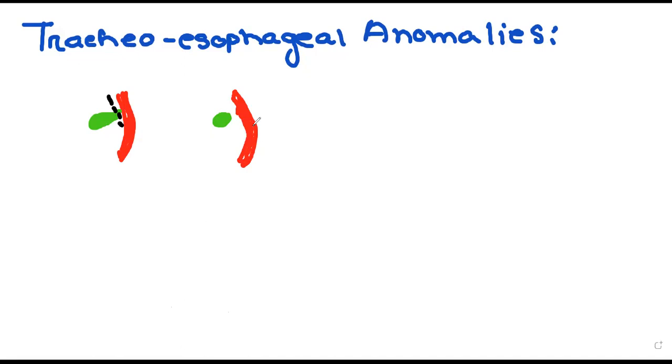And this is the occurrence of normal tracheoesophageal septum. And if this occurs normally, it gives rise to a normally positioned trachea and a normally positioned esophagus. So here we draw the normal. So it will give rise to the trachea. Here is our trachea.